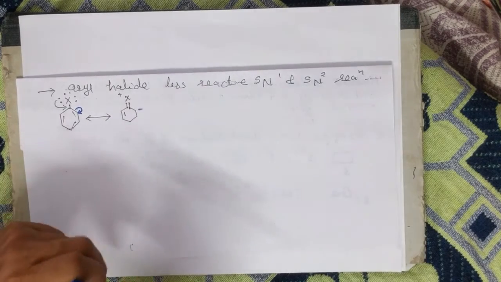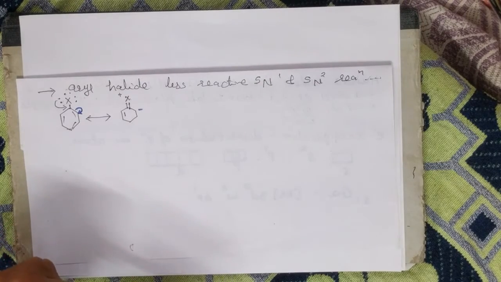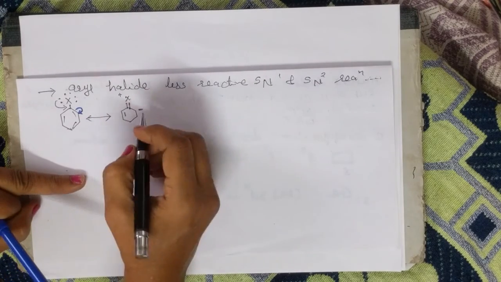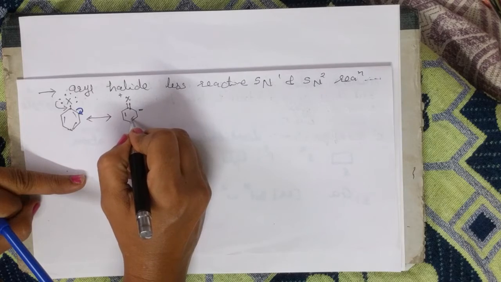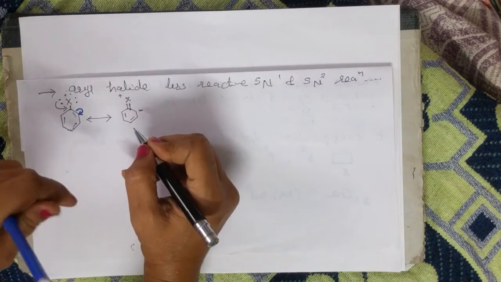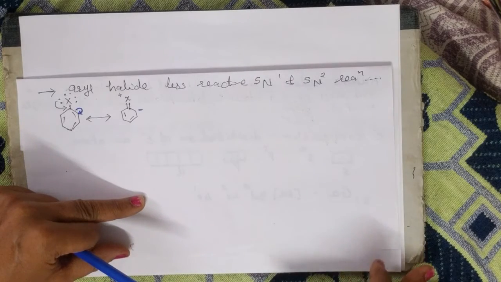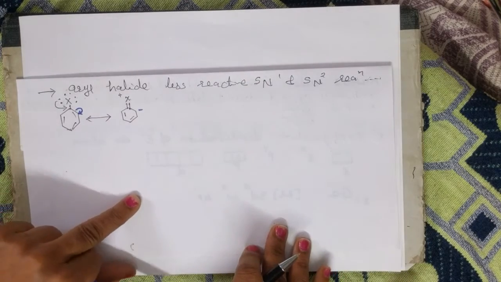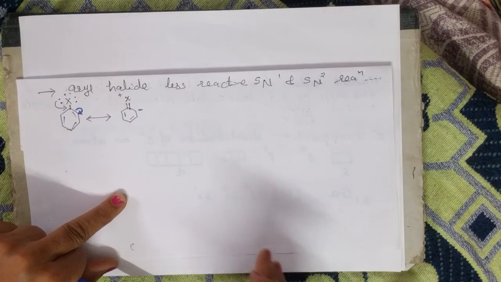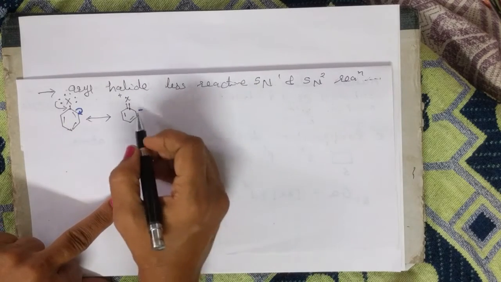Here you have a negative charge. So cleavage of this CX bond is very difficult in haloarene as compared to haloalkane, and this decreases the reactivity of haloarene towards the nucleophilic attack.